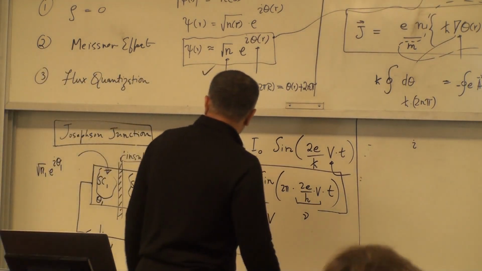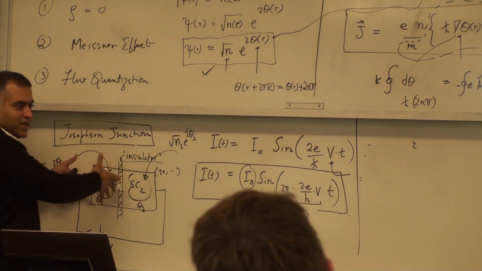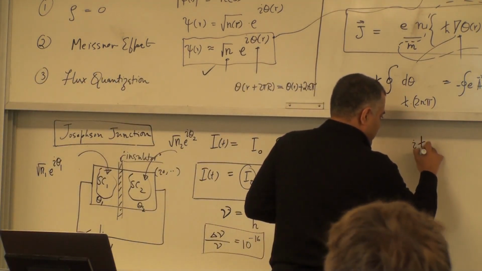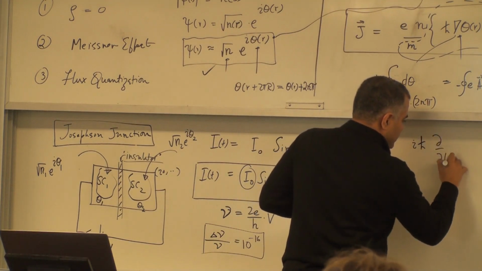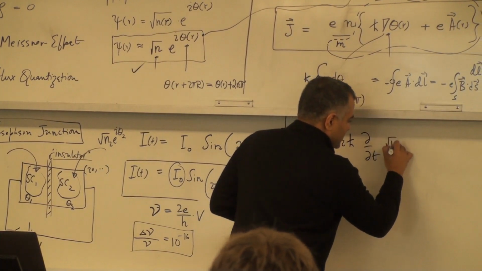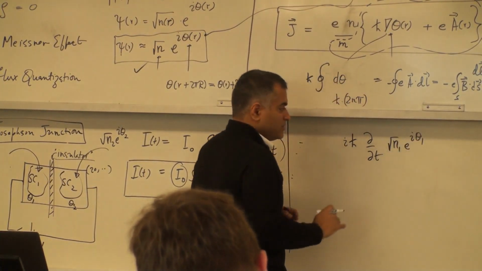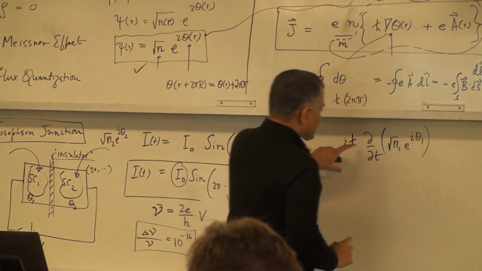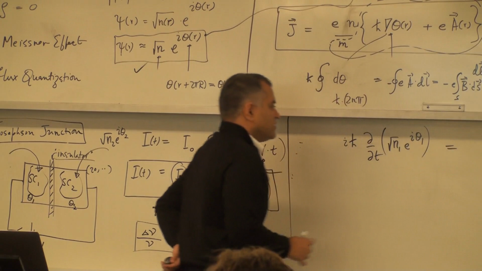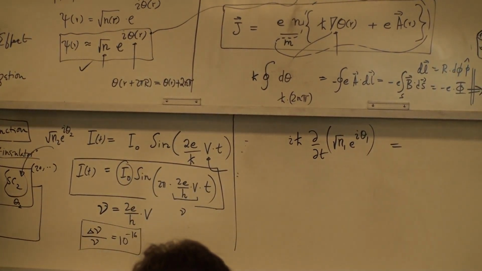So we write down the Schrodinger equation. Thinking of this as one atom, as one big object, we write down the Schrodinger equation for the left superconductor. It's i h bar d by dt of the wave function, the time dependent Schrodinger equation. That's square root of n1 times e to the power i theta 1. Okay? That's d psi by dt. So i h bar d psi by dt is equal to the energy or Hamiltonian of this object.